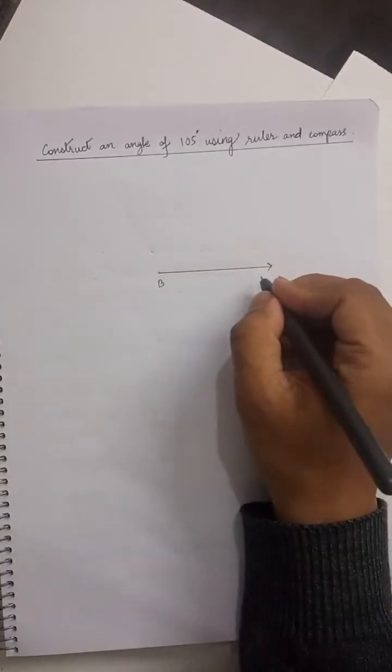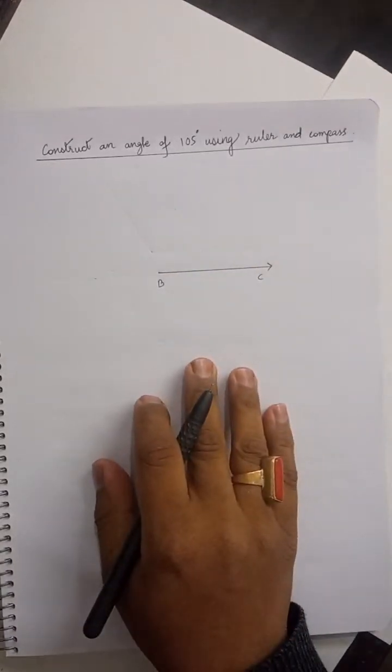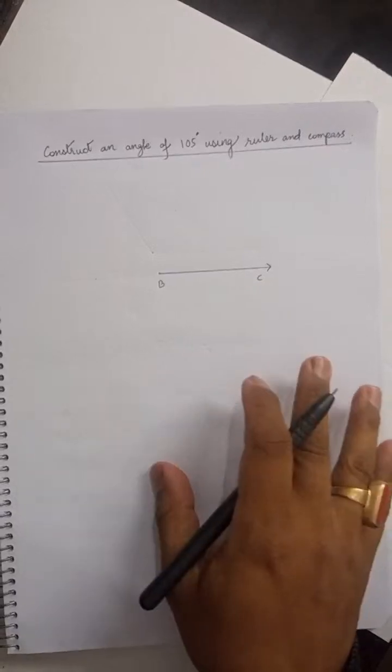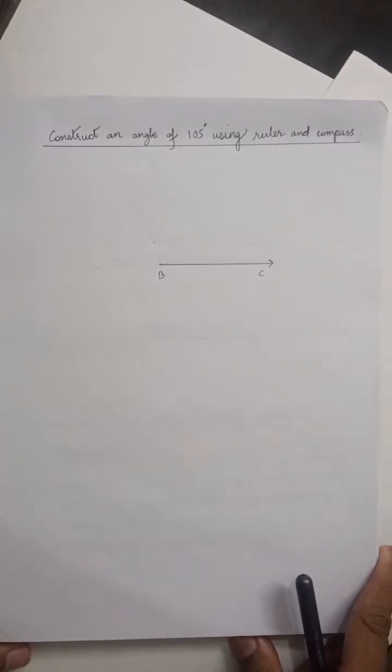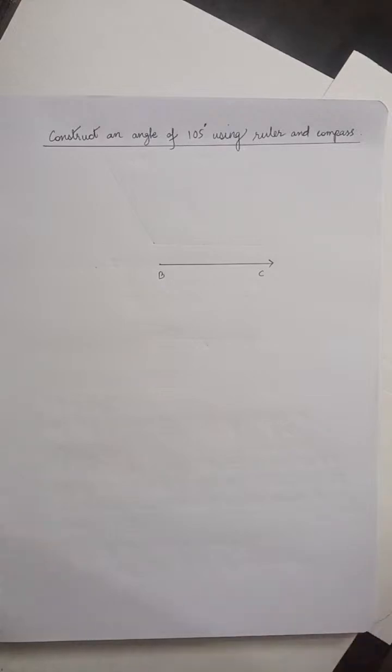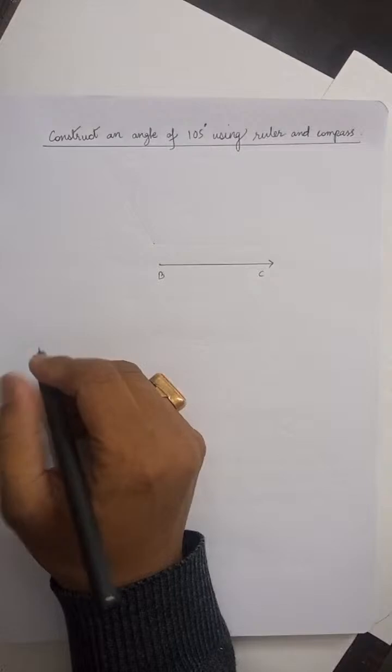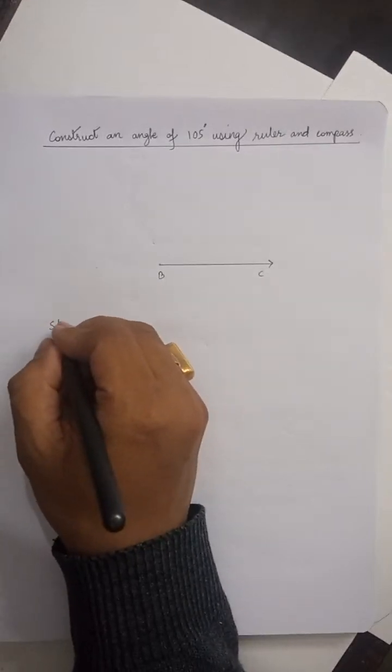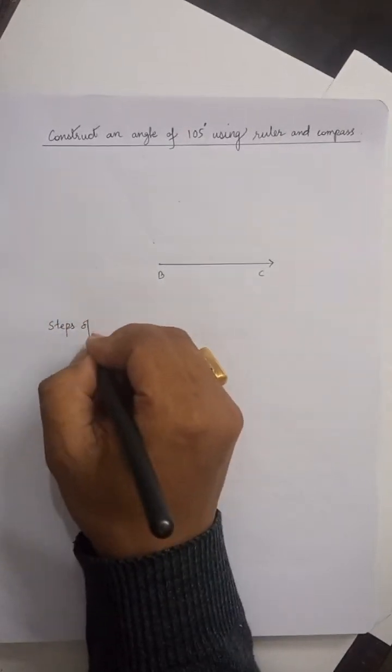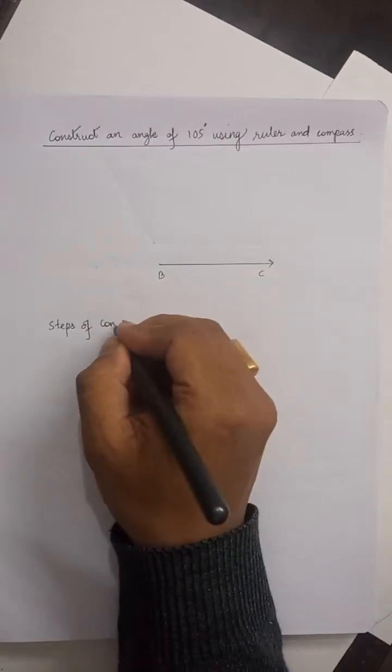So ray BC. Why ray BC? Because I want my angle to be ABC, so I am taking it BC. Let me just check one thing. Yeah, now the alignment is perfect. Construction.